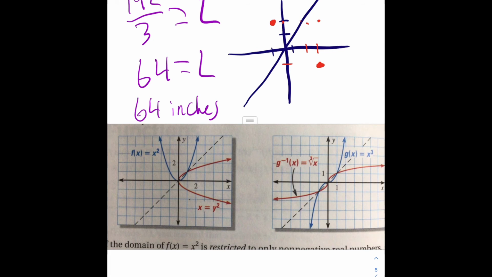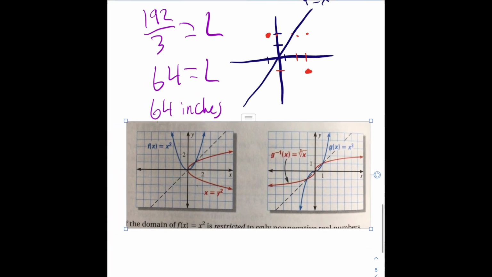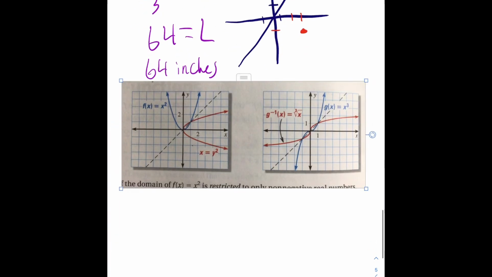So you can see that the blue on the left side here is y equals x squared. And then the red one is x equals y squared. And you can see how they relate and follow along this y equals x line. So the inverse always is in relation to the y equals x line.